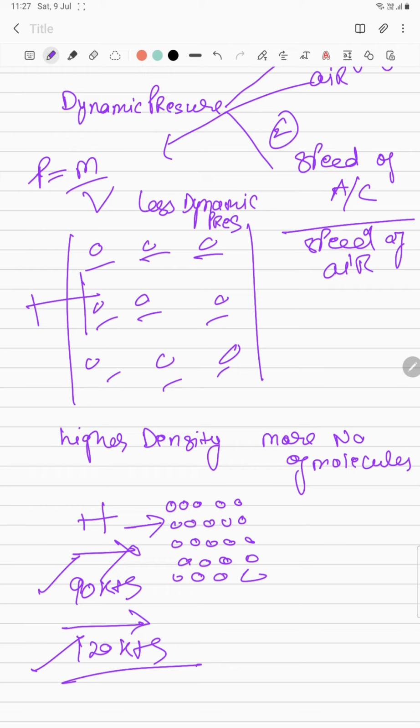So the aircraft going through the column of air at the higher speed will create more dynamic pressure.